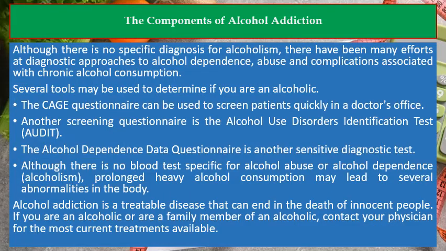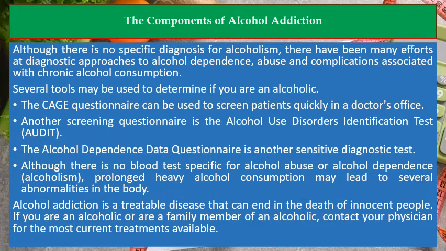Although there is no specific diagnosis for alcoholism, there have been many efforts at diagnostic approaches to alcohol dependence, abuse and complications associated with chronic alcohol consumption. Several tools may be used to determine if you are an alcoholic. The CAGE questionnaire can be used to screen patients quickly in a doctor's office.